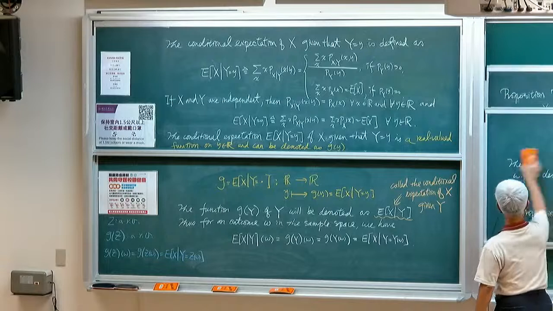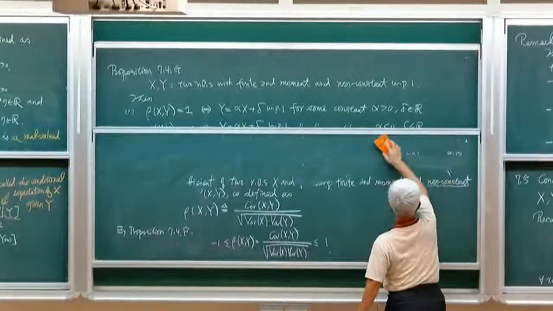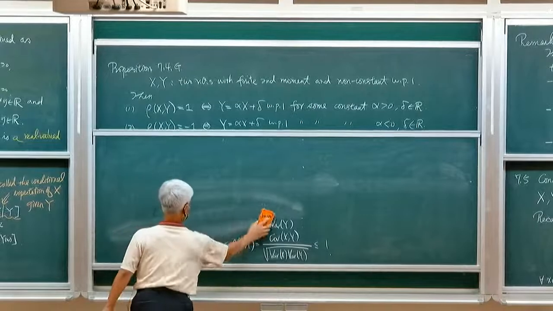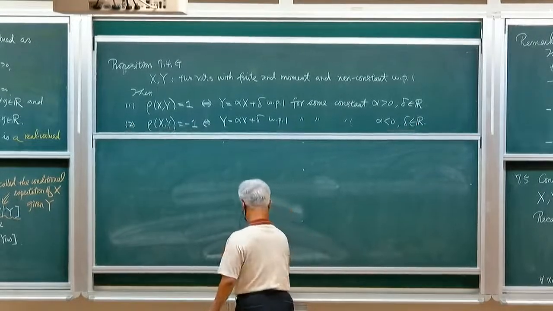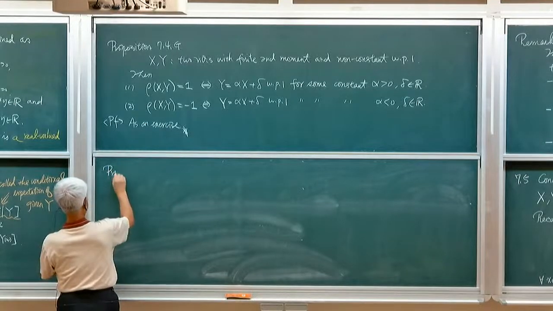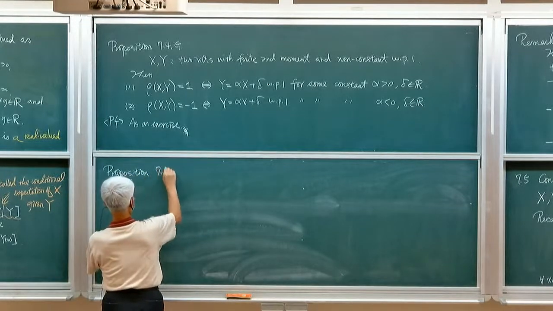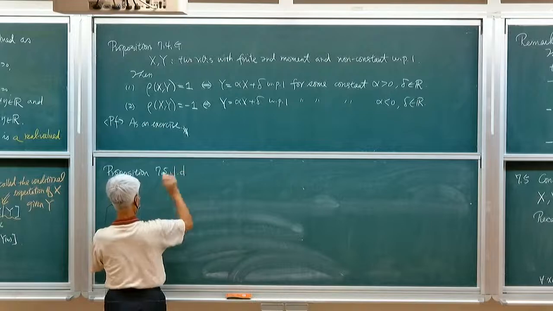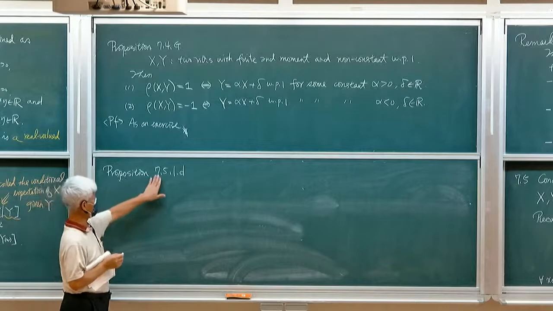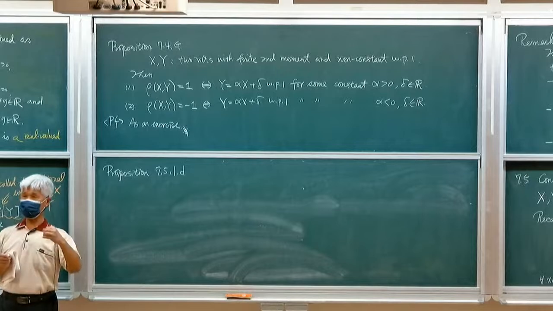All right, so now we prove a major result, 7.5.1, discrete case. The textbook gives us Proposition 7.5.1 with two cases, discrete case and absolutely continuous case.